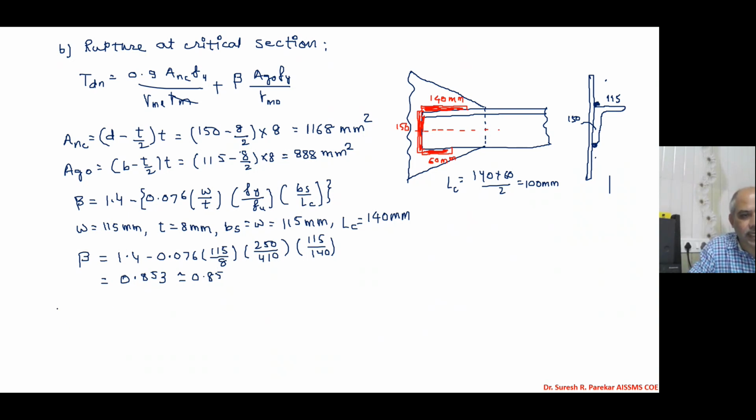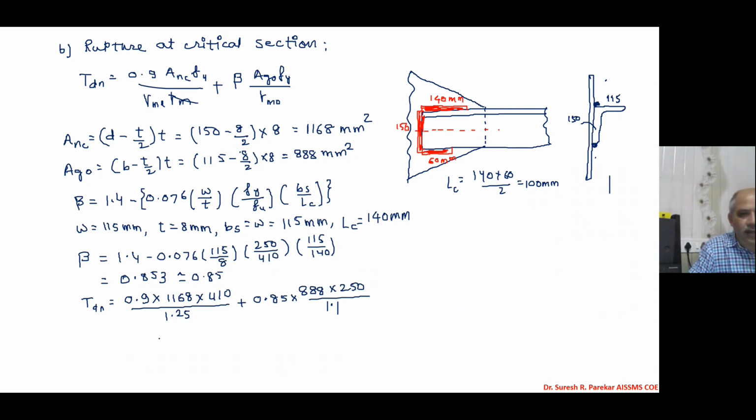And now we will put it in Tdn. So we will get Tdn equal to 0.9 into Anc, we have 1168, Fu we have 410, upon gamma m1, we have 1.25, plus beta, we have 0.85, into Ago, we have 888, Fy we have 250, and gamma m0 we have 1.1.